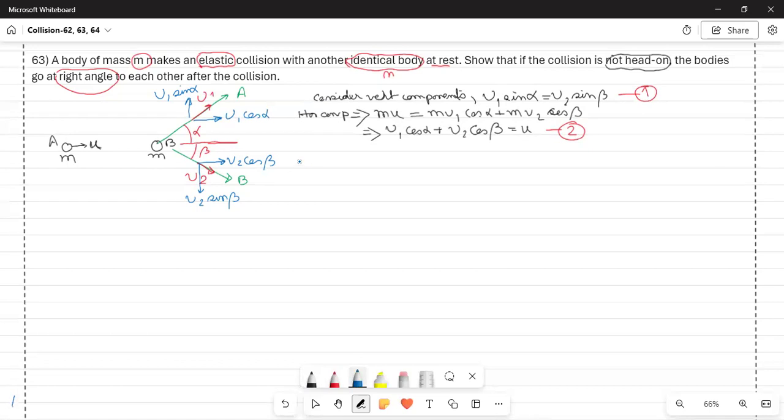Considering the kinetic energy, what do you find? Initial kinetic energy before collision was half m u square, must be equal to half m v1 square plus half m v2 square.